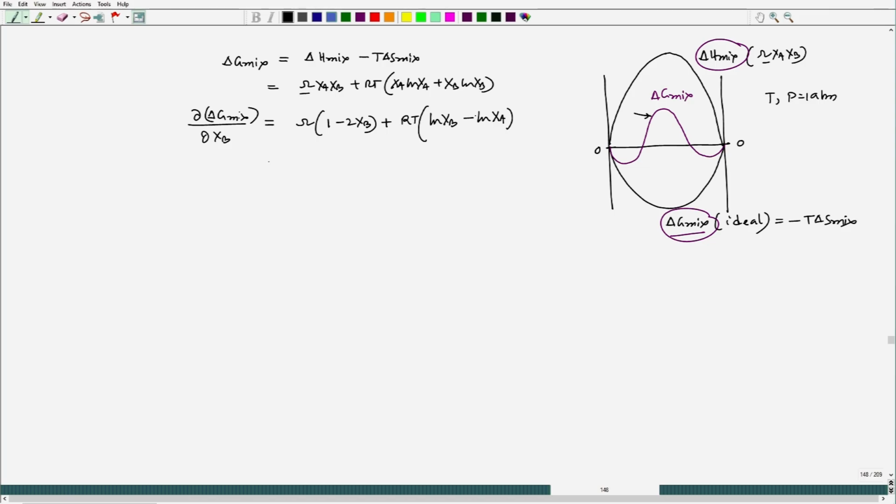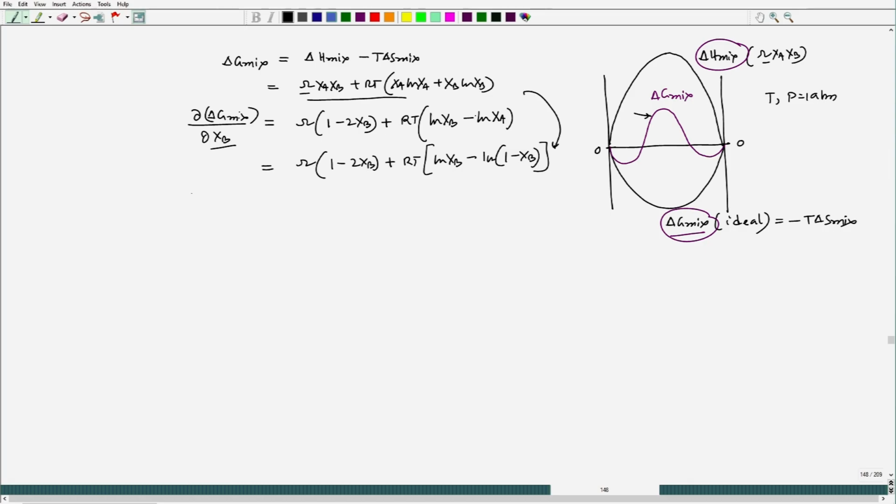So, then I can write this as omega (1 minus 2 xB) plus RT (ln xB minus ln(1 minus xB)). If you do this for this particular term, you should get this.